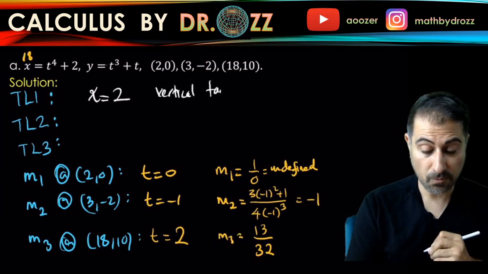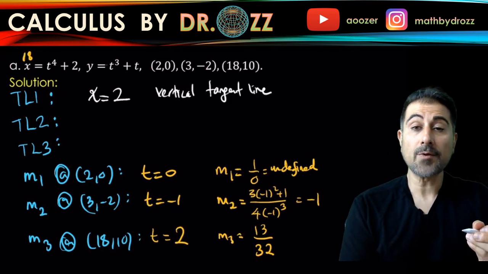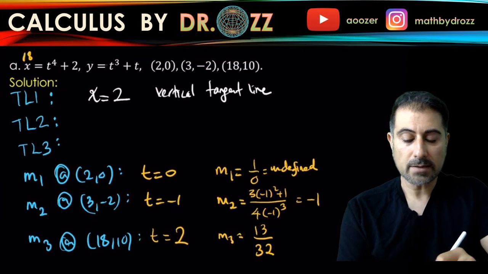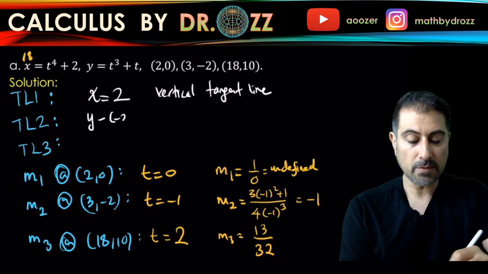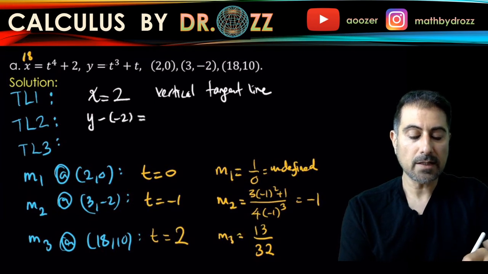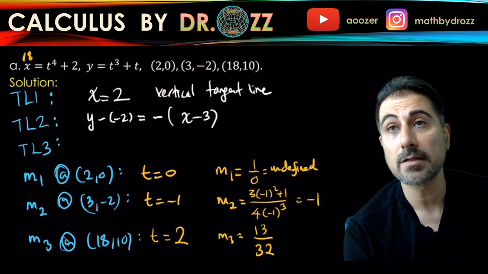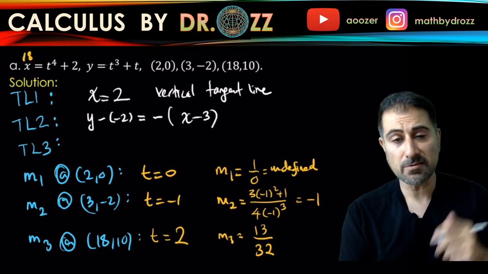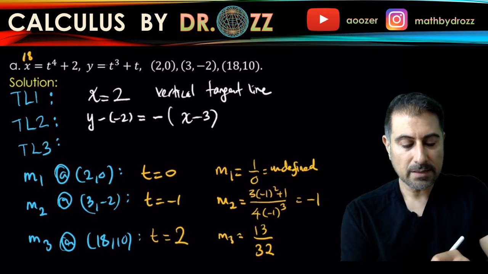All right, so for the second part, we have the point 3 and -2. y minus the y coordinate of the point equals m2, which is -1, times x minus the x entry of the point. So that is this. You can simplify this further if you want to. And lastly, you have 18 and 10.